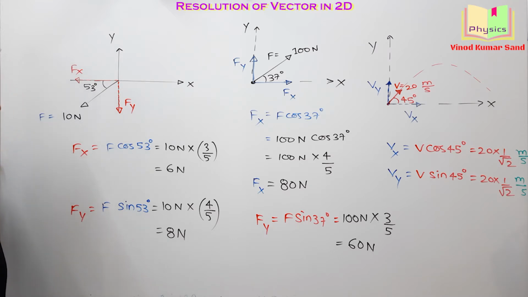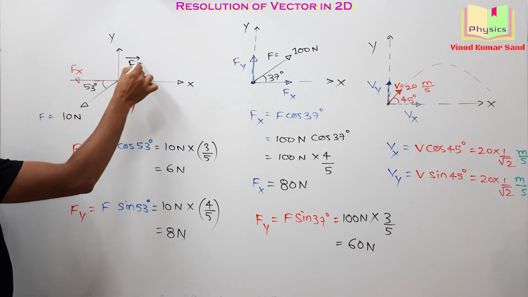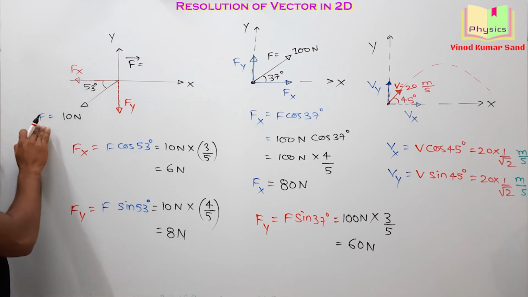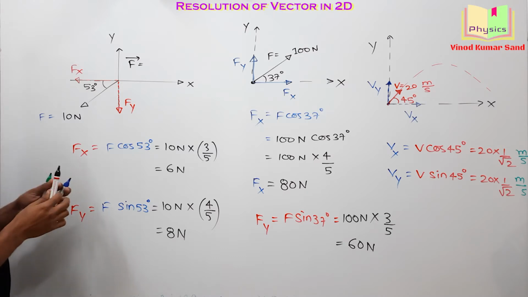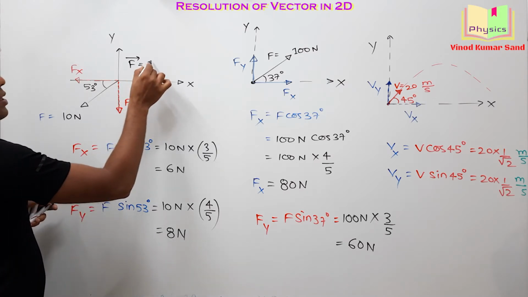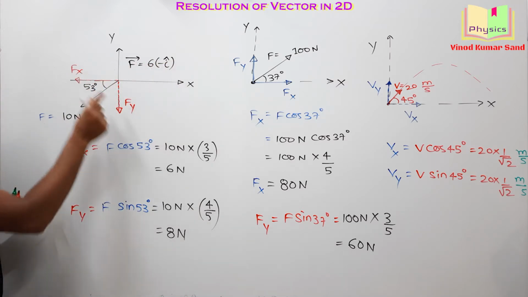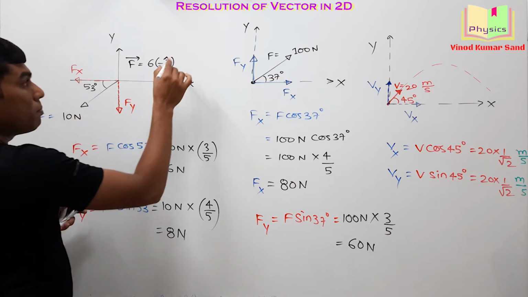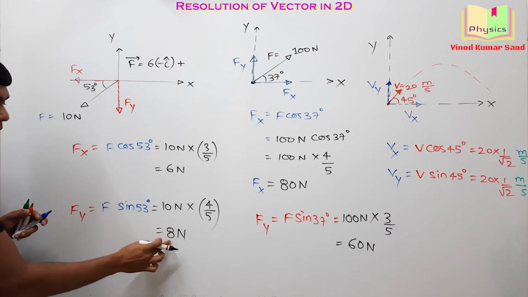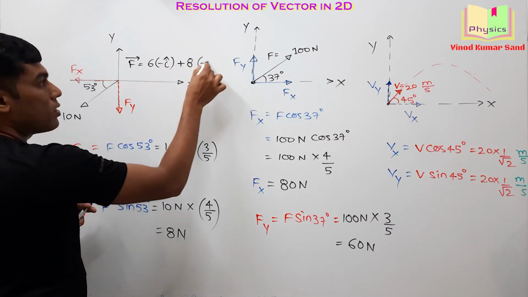Clear? One more question I would like to ask you. Can you represent this F in vector form? F vector. It's simple. Magnitude is given, directions are known. F vector will be equal to 6 of minus i cap, because the effect along the x-axis is 6 but in the negative direction, plus the effect along this is 8 Newton but the direction is minus j cap.